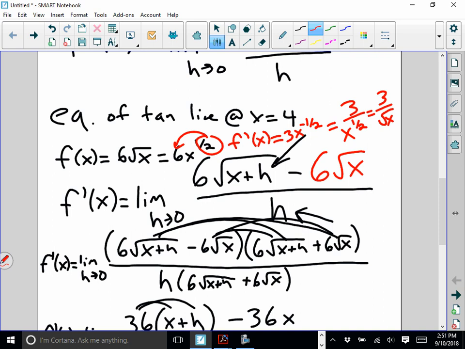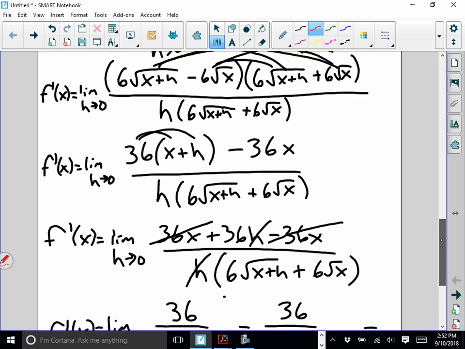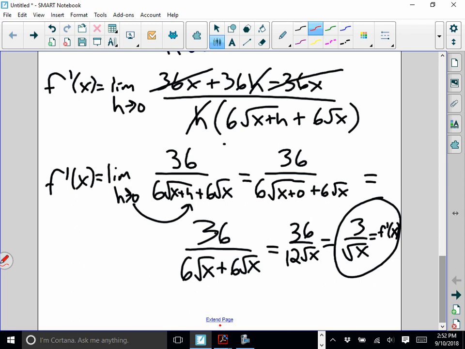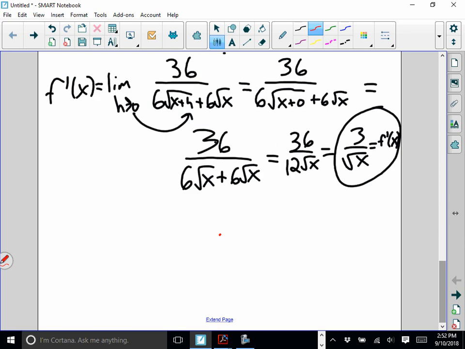Okay, so now we got f prime of x. Now we want the equation of a tangent line at x equals 4. So anytime we're looking for an equation of a line, we want a point and we want slope.